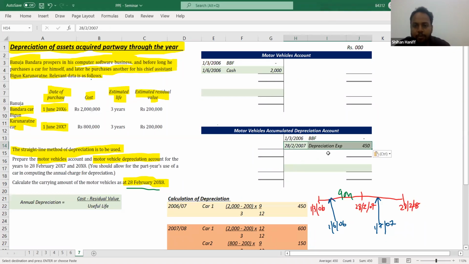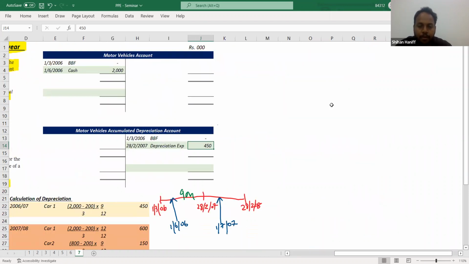Provision for depreciation account, 450. And that 450 we have to take to the income statement. Let me show the income statement as well. Draw the income statement and statement of financial position for both the years. I'll take the balances.